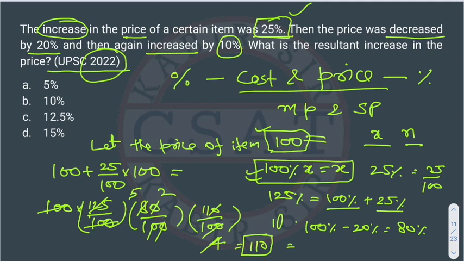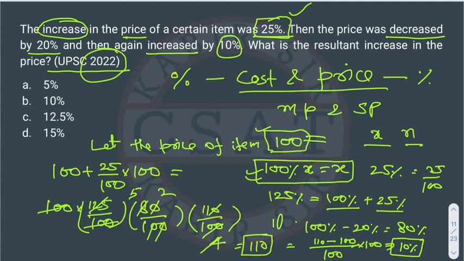So what will be the resultant change? It's direct; otherwise you can use the method of current price minus initial price, upon initial price, into 100. So it will come out to 10%, right?